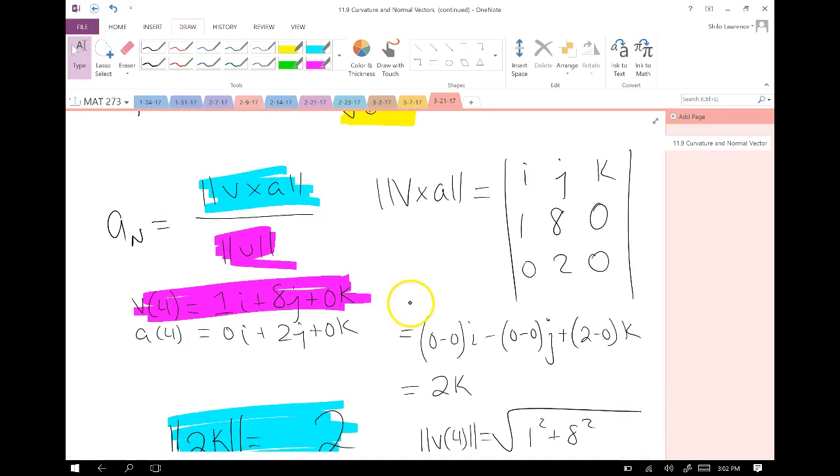We break it up into 2 by 2s. So for the i and the j, you're going to do 8, 0, 2, 0. And then you do 8 times 0 is 0. 0 times 2 is 0. I think it's just where you skip that. Yeah, I started jumping ahead.